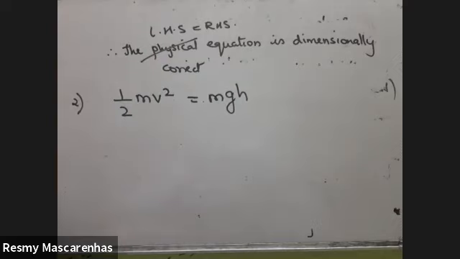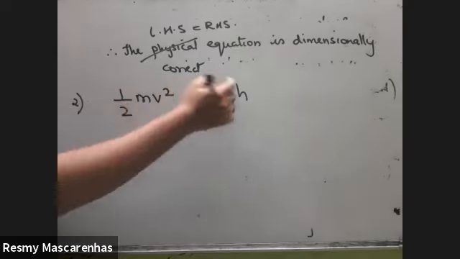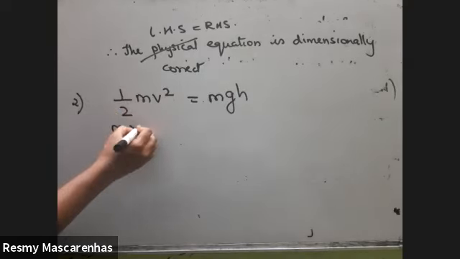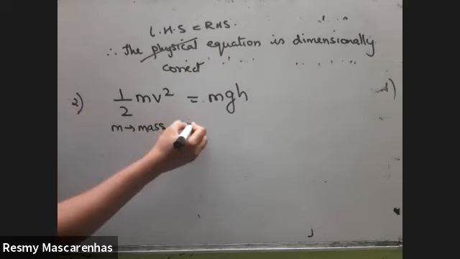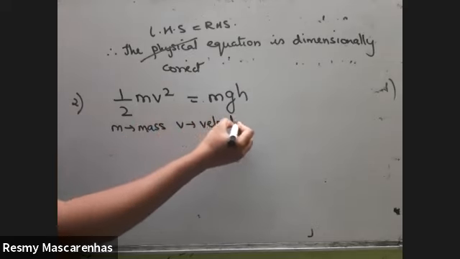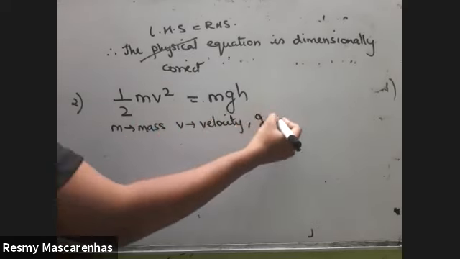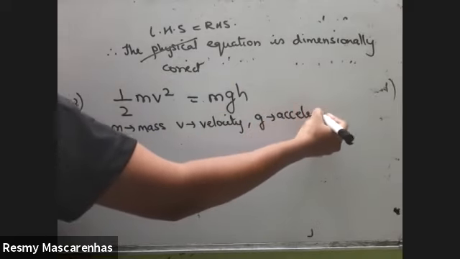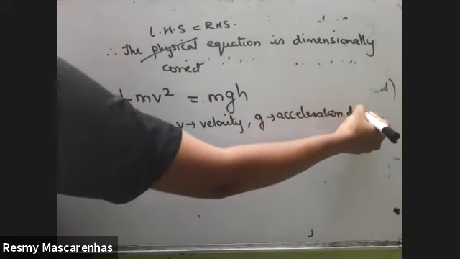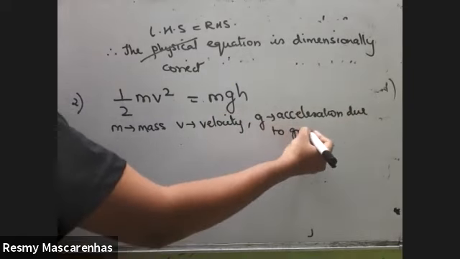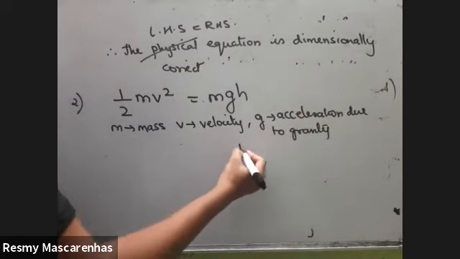Now we have to check whether this formula is correct or not. They will definitely give what all these letters mean. M is the mass, V is the velocity, G is acceleration due to gravity, and H is height.